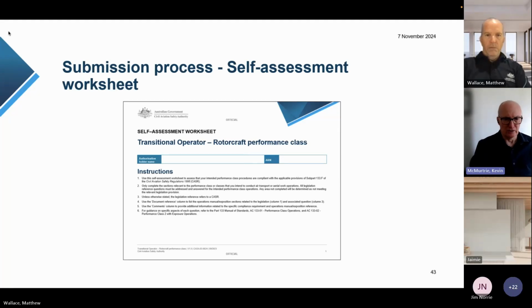I'll give you a web page shortly, and it has instructions where you can download that. There are clear instructions on the worksheet of how to complete it, and what you need to do in respect to Performance Class 3 and also general performance classes. Next slide, please.